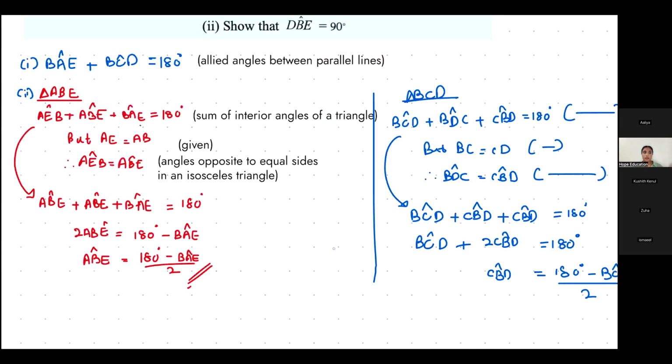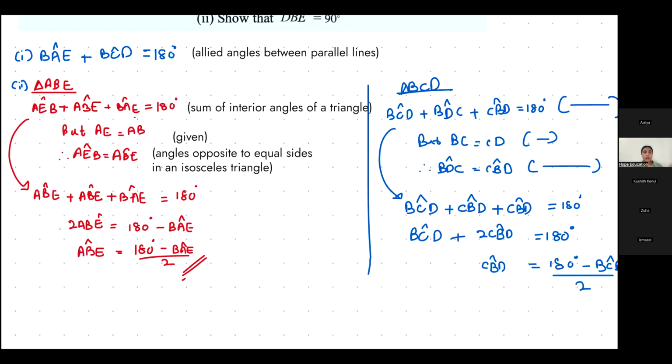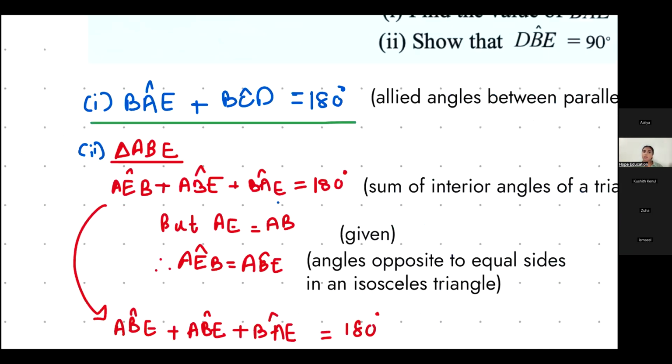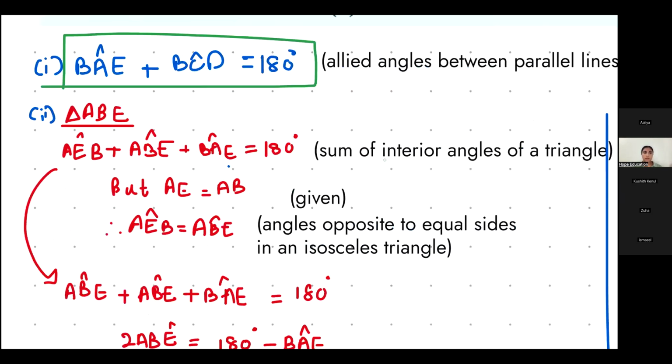All right. Now here, we said BAE plus BCD equals 180, right? I'll use that here. See what I'm doing.